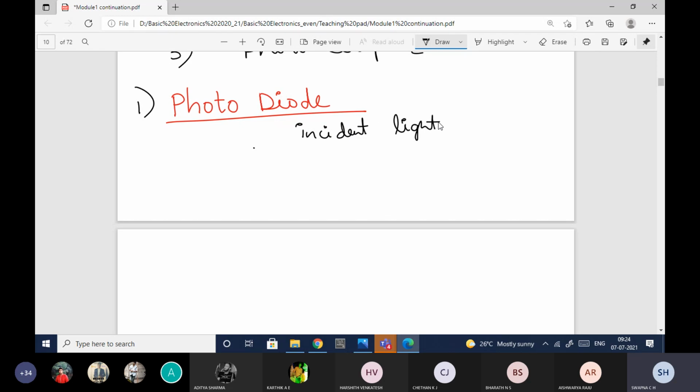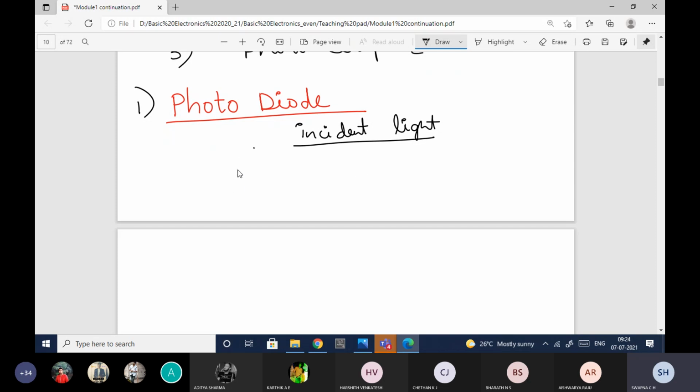So what happens here is I'll add the PN junction diode, which will specially work when the light is incident on that photodiode. Here the diode will work based on the light incident on the junction.